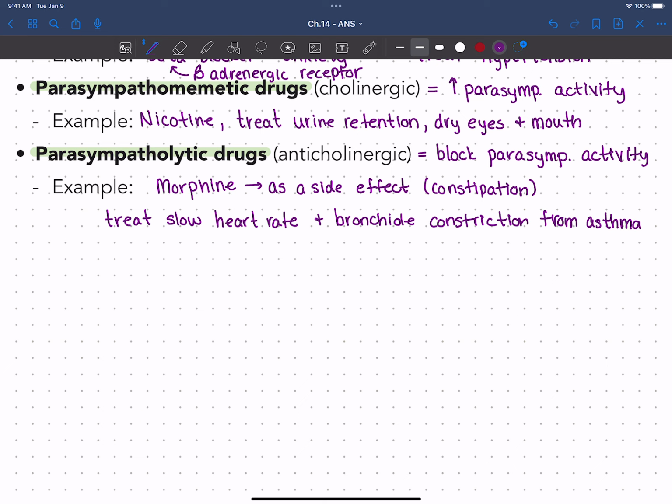An injection of epinephrine would be more common for a life-threatening sudden constriction of the airways like you see with an allergic reaction. And you can use a parasympatholytic drug to treat a more chronic condition like asthma, where you see constriction of the bronchioles.